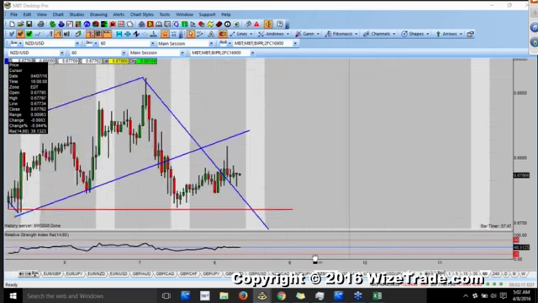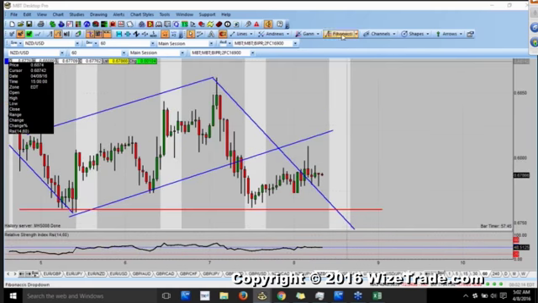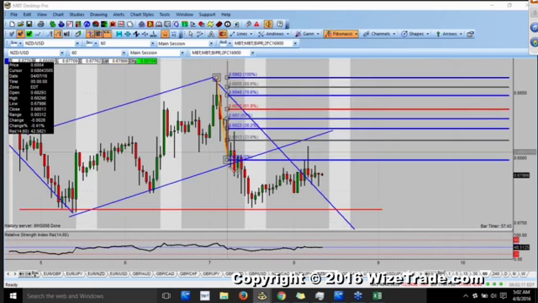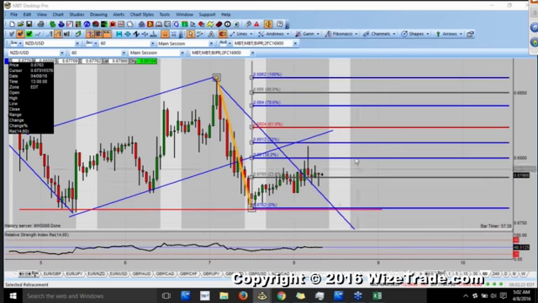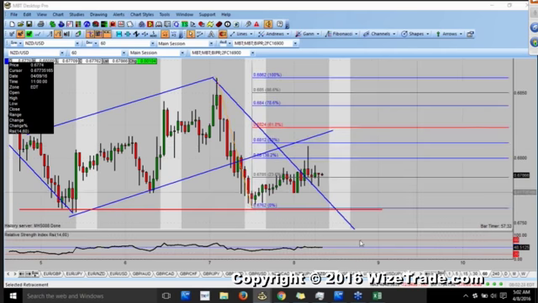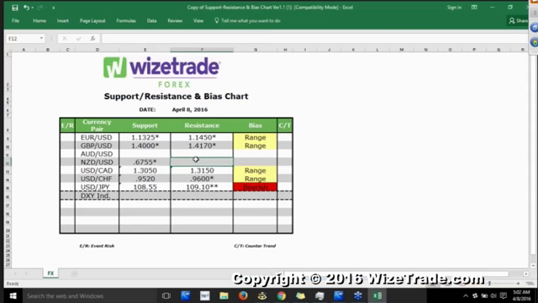Let's see, that looks like a 50% retracement, if I'm not mistaken. Pretty damn close. So 68.10 is resistance today. And frankly, if you want to get really bearish the Kiwi, you wait till that support's taken.